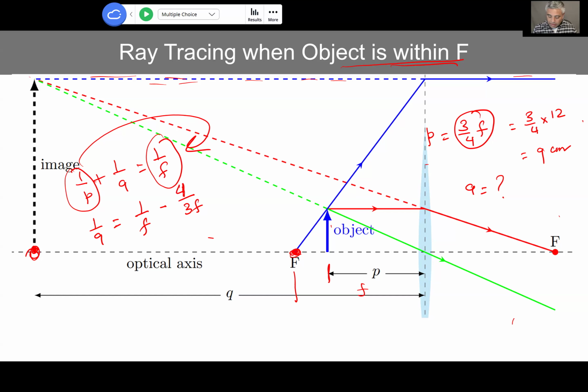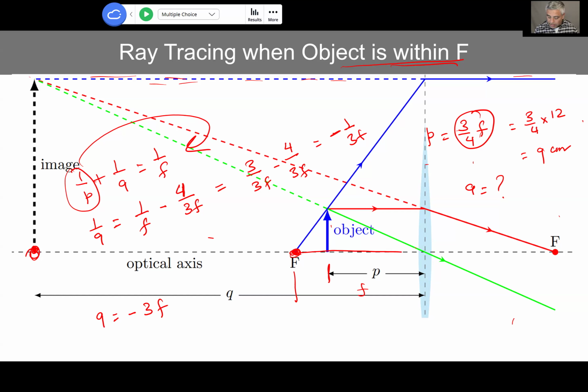That's the advantage of writing 3F over 4 rather than writing 0.75 of F. So now when we do this, what do we get? 1 over F is 3 over 3F, minus 4 over 3F. So that makes negative 1 over 3F. So Q is negative 3F.